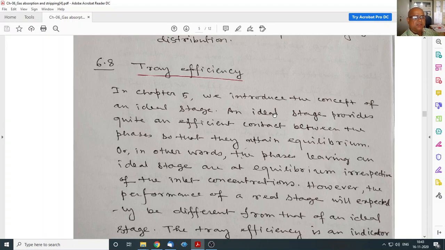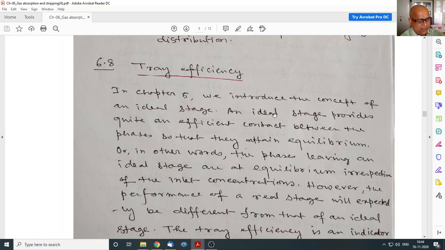So accordingly, whatever ideal trays we are calculating, let's say from this calculation I am calculating the ideal number of trays. I am drawing triangles, and when I touch the equilibrium curve it means the tray is 100% efficient, with x and y in equilibrium, but practically it is not like that. So let's take that I have calculated 10 ideal trays.